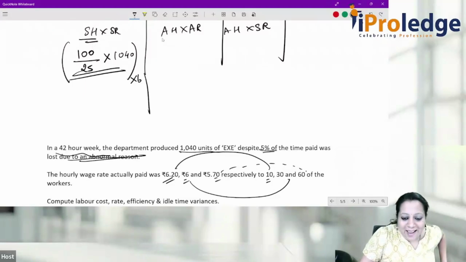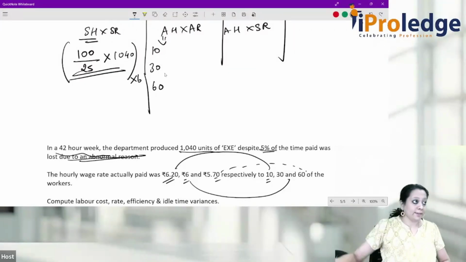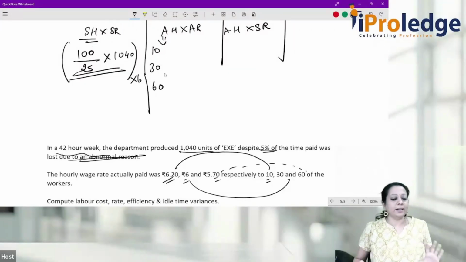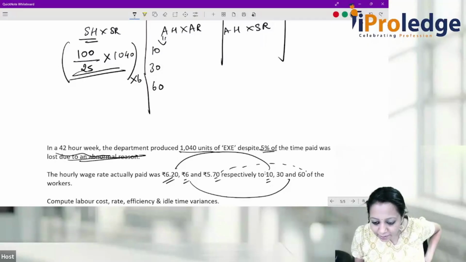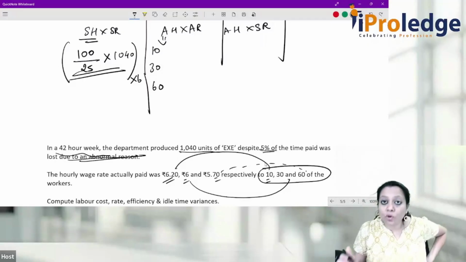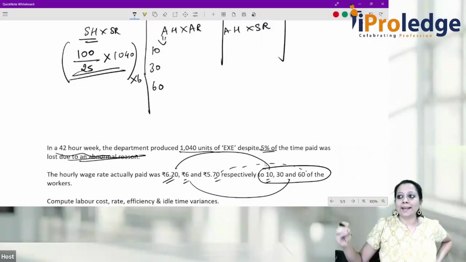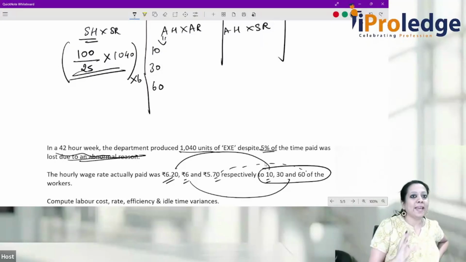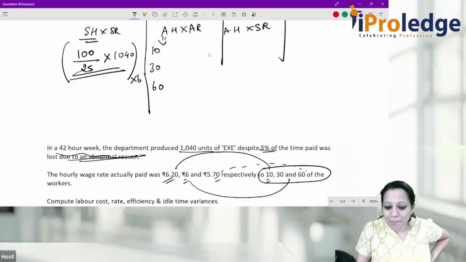Actual hours is going to be what? We have given that it is 10, 30, and 60. They have given, so I'm taking the different numbers. Here you can see they are grouped into A category, B category, and C category based on their pay. Pay is varied right now.